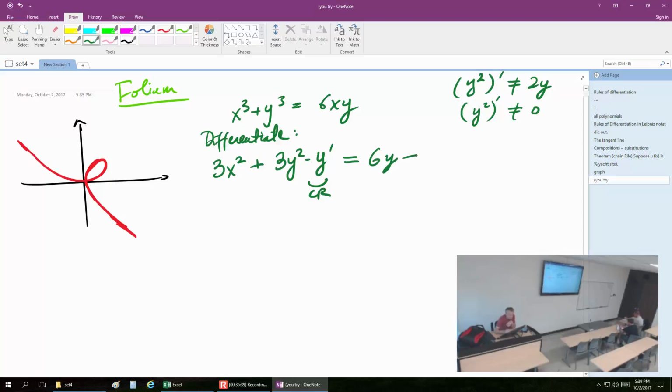Okay, so that's the first term. The second term, what's the second term? 6. Now I don't differentiate the first factor x, so I simply keep x, and I multiply it by the derivative of what's left, y prime. Okay? 6y plus 6xy prime.